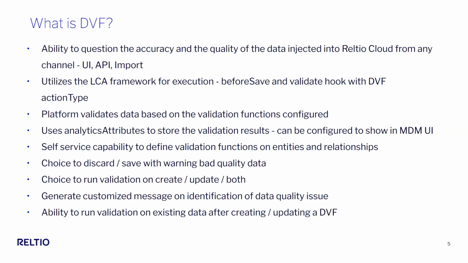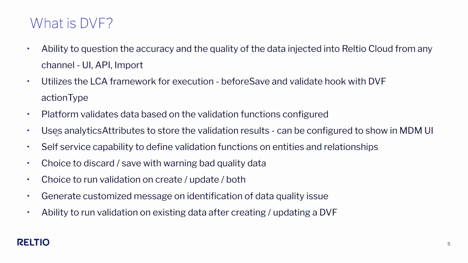If you configure it as a warning, you might add a message saying to correct the date of death, as it should not be greater than the date of birth. In this scenario, we will still store the data, but at the same time we'll store the warning message also. When a user opens a profile, or gets an entity using the APIs, they will see that there's a warning attached with this entity.